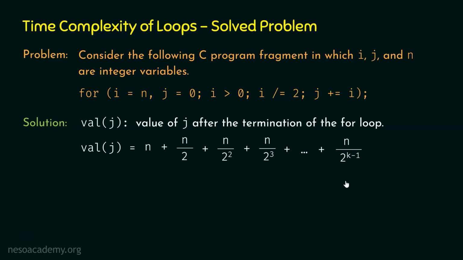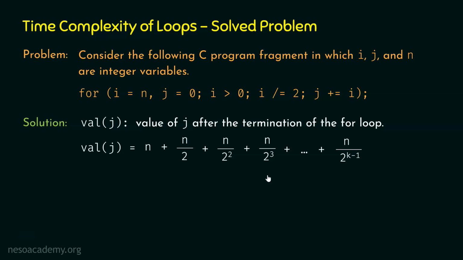We also observe in the pattern that the last term of j in each iteration is equal to the value of i. If the value of i in some iteration is n/2^2, then the last term of j will be n/2^2. If at some point the value of i is n/2^3, then the last term of j will be n/2^3.